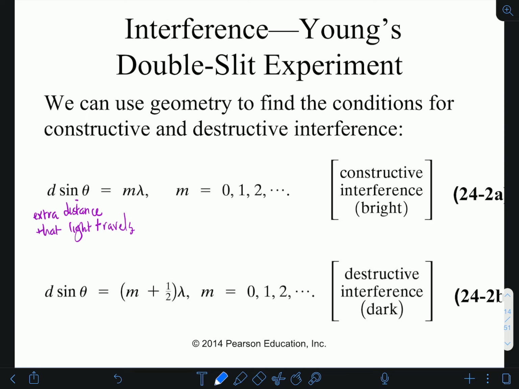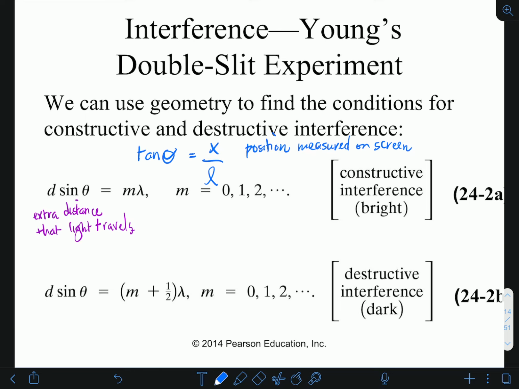We have our equations, and in addition to this, we have that tan theta is equal to x, the position measured on the screen, over L. And so now we have all the equations that we really need to analyze these problems.